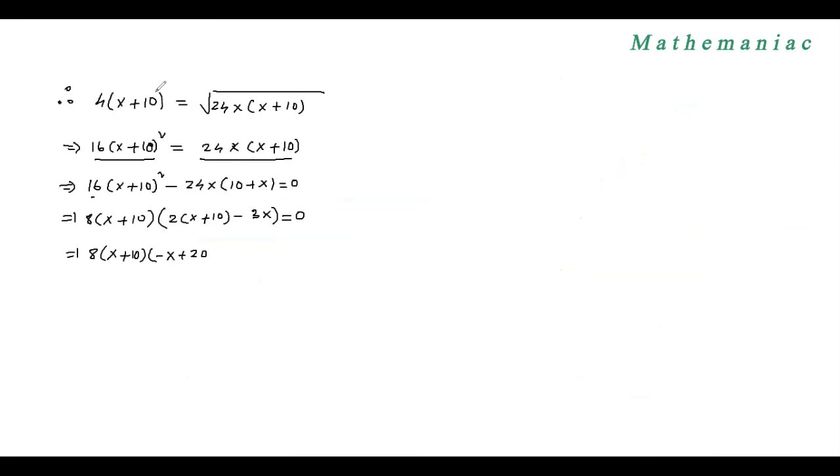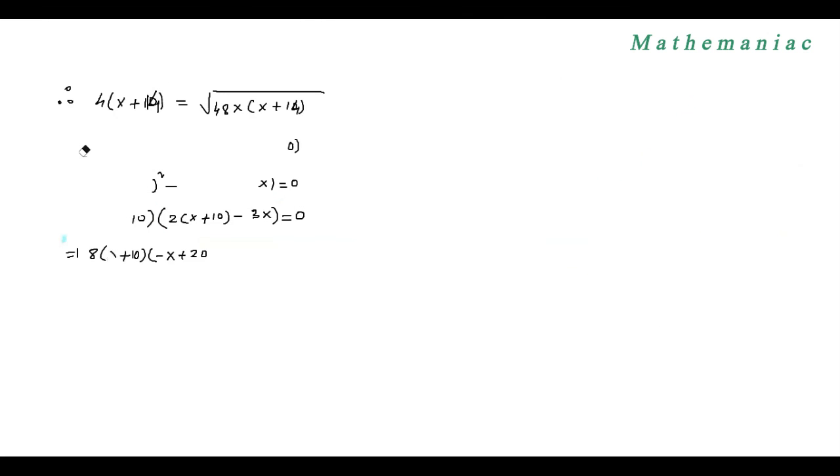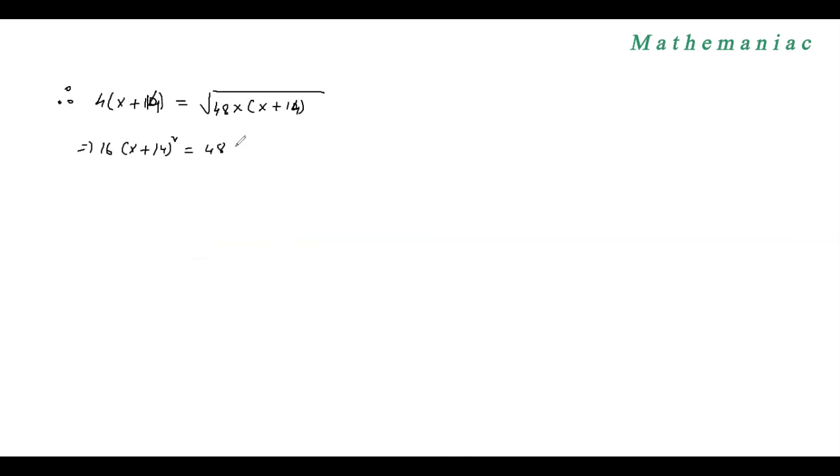So this will be 14 and this is 48. Okay, this let me remove only because this will create a problem here. Okay, so what we'll get here is 16 times x plus 14 whole square, 48x, x plus 14.